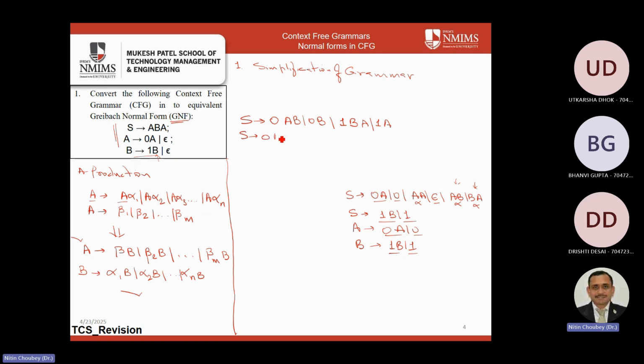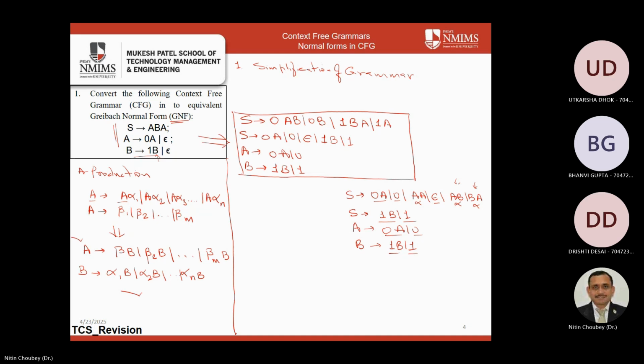S gives 0A | 0 | epsilon | 1B | 1. A gives 0A | 0, B gives 1B | 1. So this is a Greibach normal form equivalent to the given grammar. Any query or any doubt in this, please let me know.